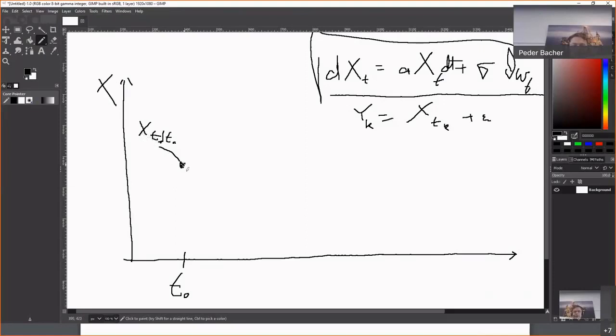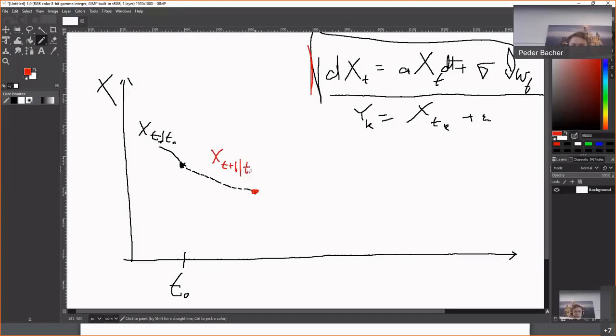And then we do a prediction using our model. It predicts maybe to here. I found another color. So this is the prediction using this model, and this will be our prediction of the states. So we'll write x at t plus 1, say the step is 1, given t.